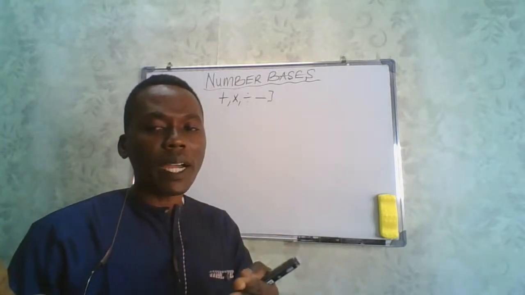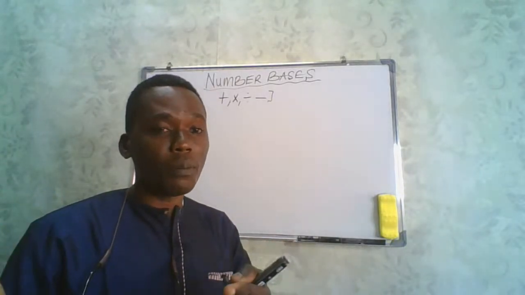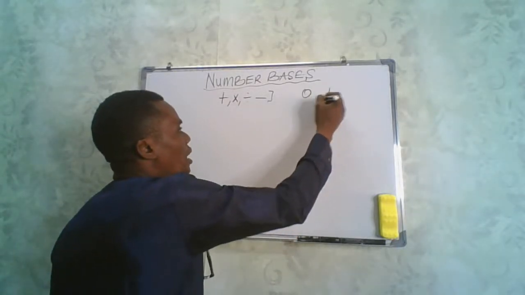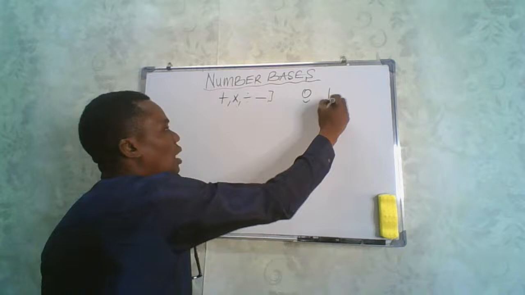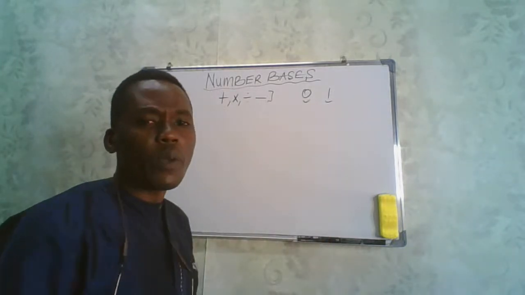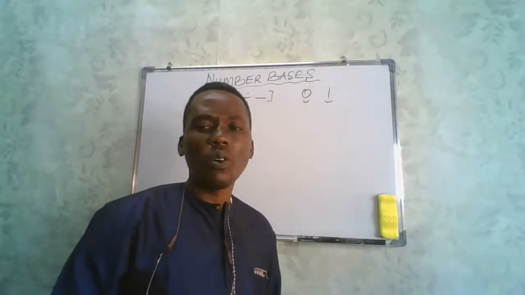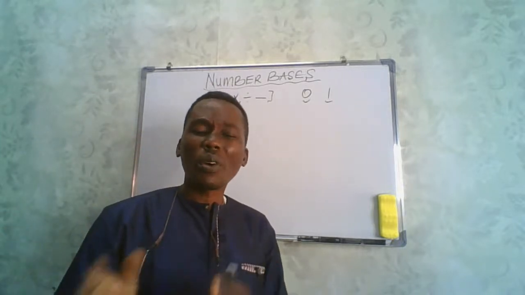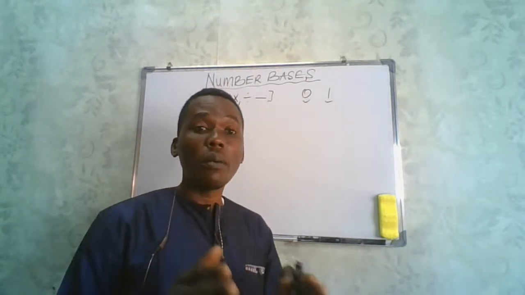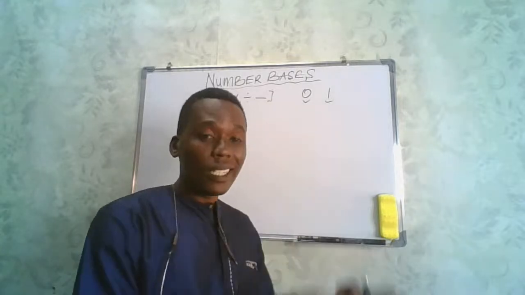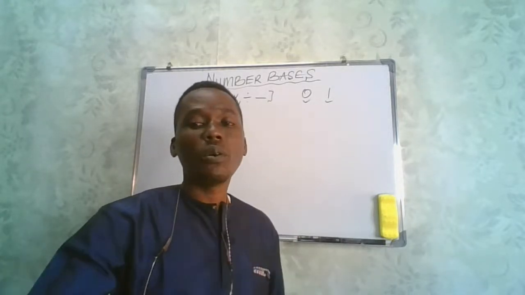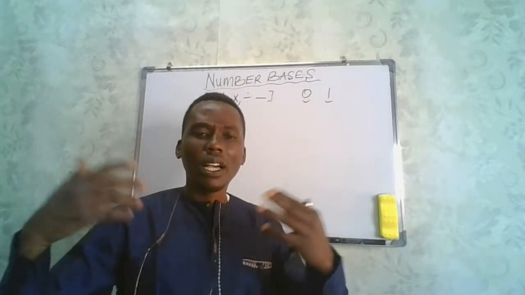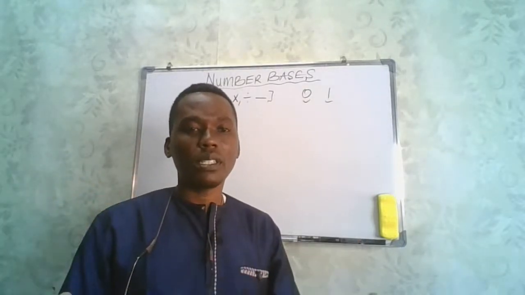When we talk about binary numbers, they are computer numbers, made up of zeros and 1s. So number bases comprise the decimal number, the binary number, the octal number, which is in base 8, and so many other bases.